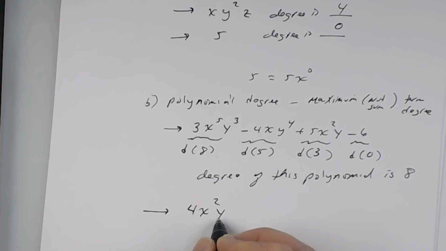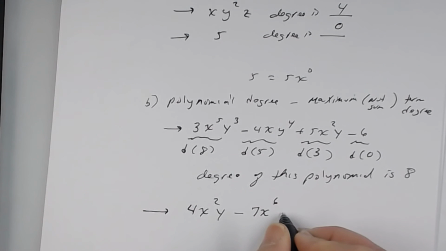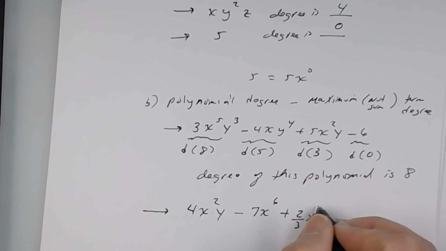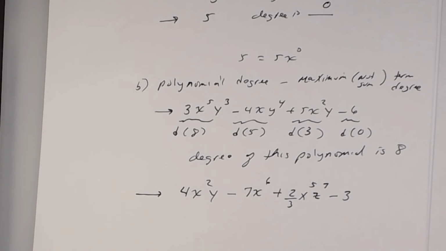4x squared y minus 7x to the 6th power plus 2/3 x to the 5th z to the 7th minus 3. So 4x squared y minus 7x to the 6th plus 2/3 x to the 5th z to the 7th minus 3.